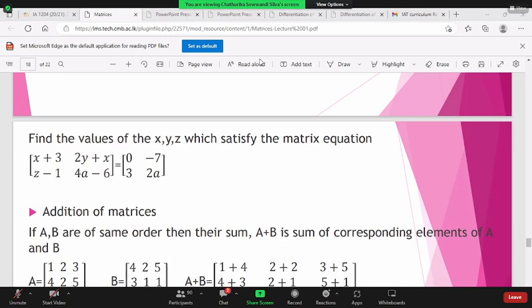Y is equal to -2. Z is there, A is there. A is equal to 3, then Z is equal to? Z is equal to 4.